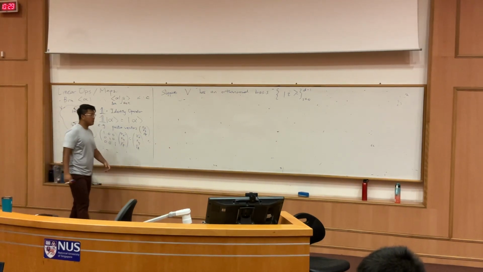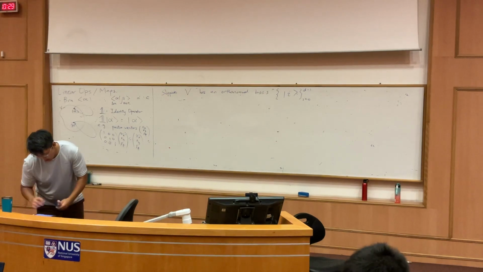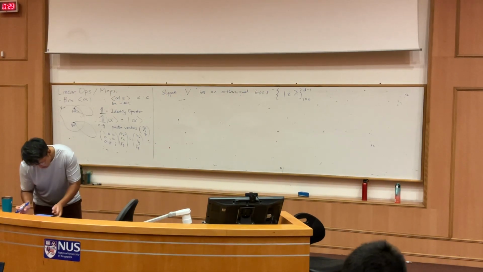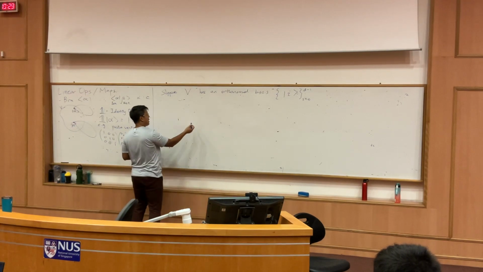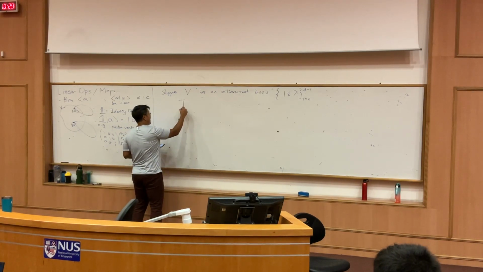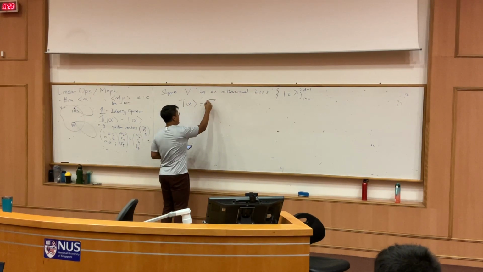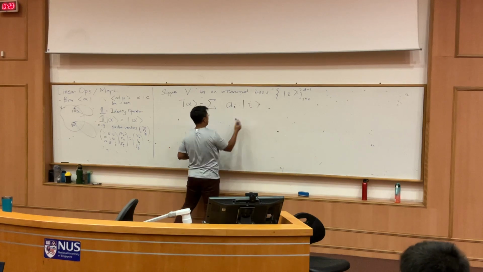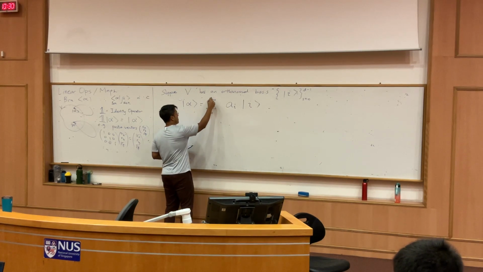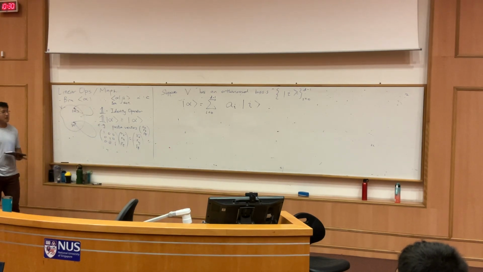So what do I want to do next? So if this is an orthogonal basis, that means that any vector alpha can always be written as some linear combination a_i of the basis vectors |i⟩. Everyone okay with that? It's a basis, right?